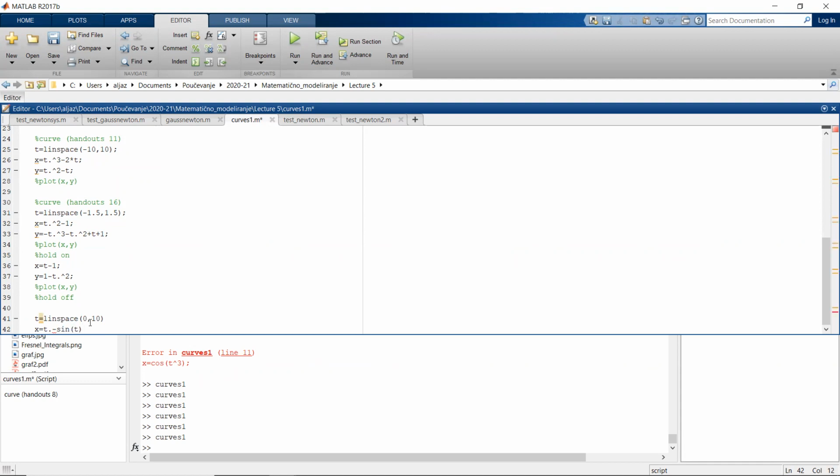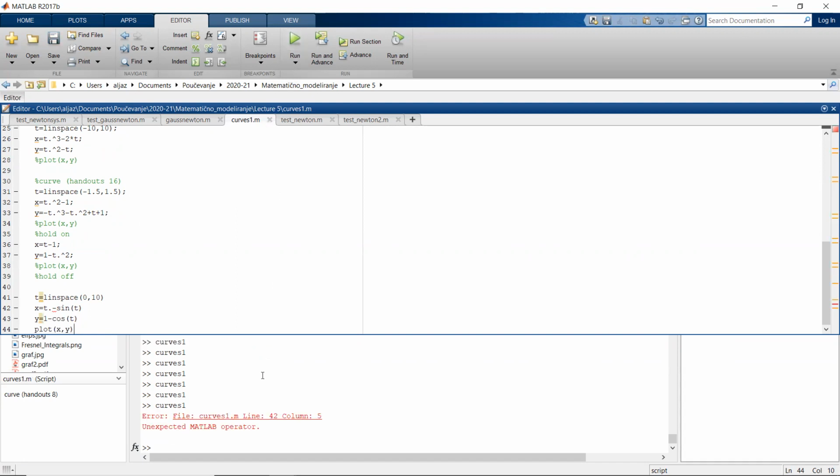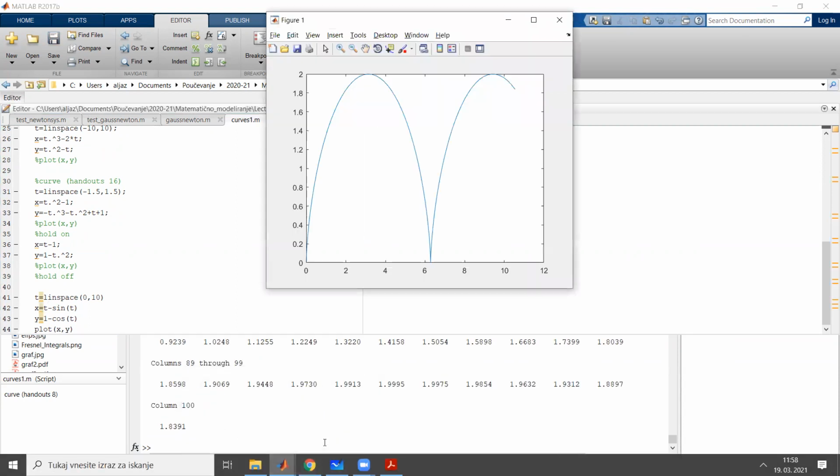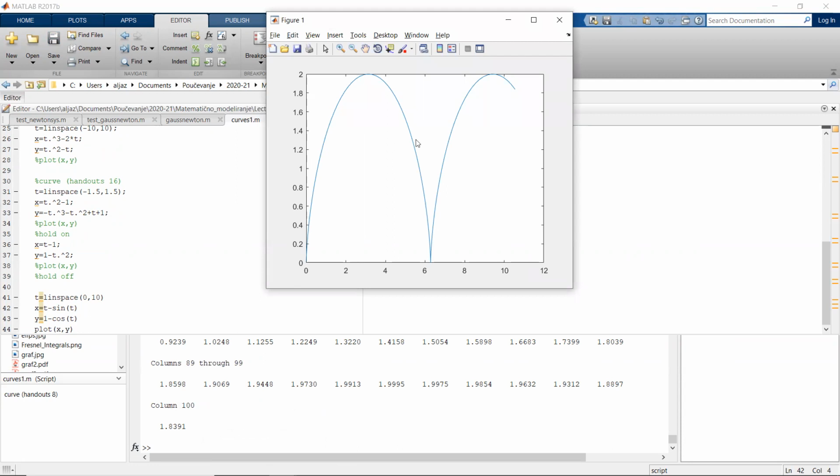And then we have y, which is 1 minus 1 times cosine t. Okay, let's plot. Yeah, you see, we get the cycloid.